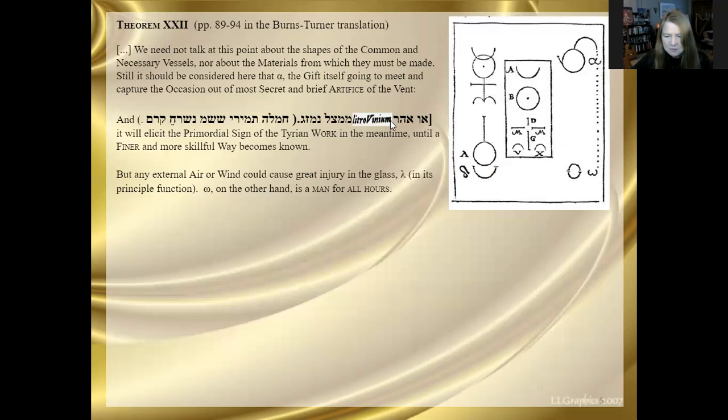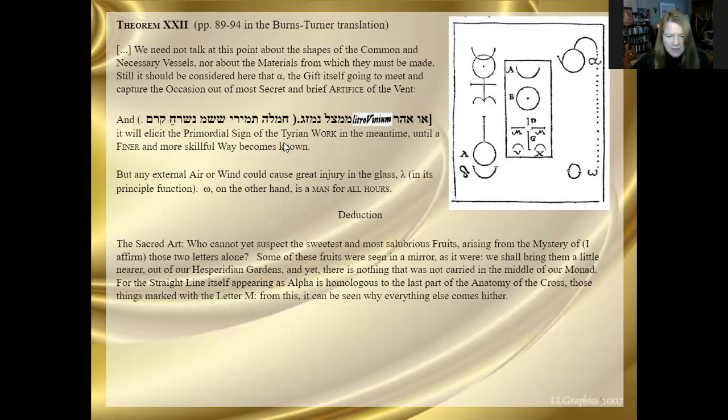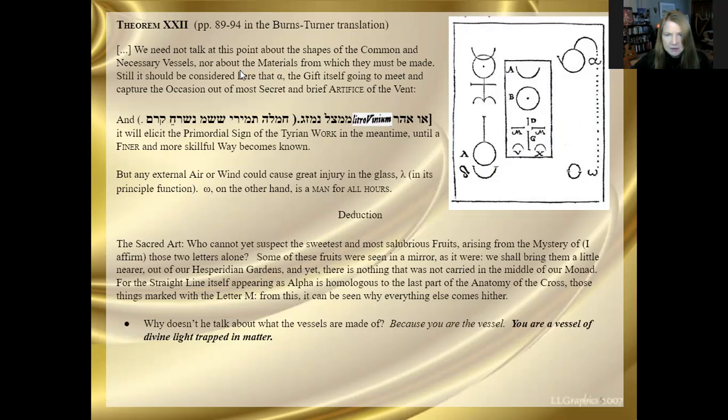And by the way, I just pasted in that VITRIOL because typing one way in Hebrew and another way in Latin seemed to confuse Google Slides, so I just pasted in the Latin word. Okay, so if we look at this, there are a few things about the surrounding context that we may find important. So let's start out with when he says he's not going to talk about the vessels.